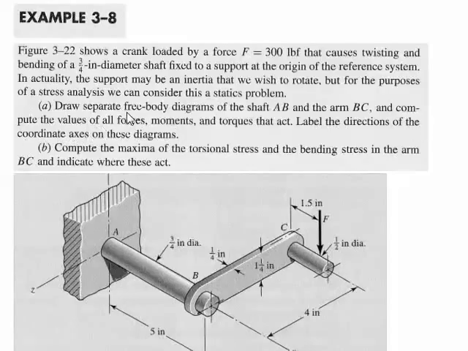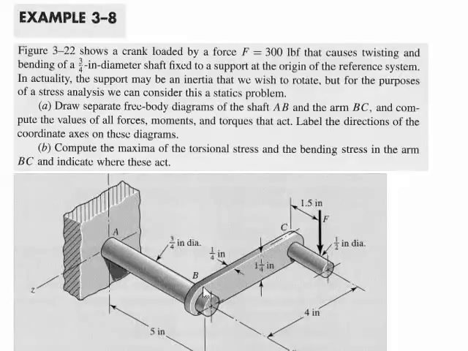Once we've done those free body diagrams, then compute the maxima of the torsional stress and the bending stress in the arm BC and indicate where these act. In arm BC, of course, our bending stress will be where the moment is greatest.